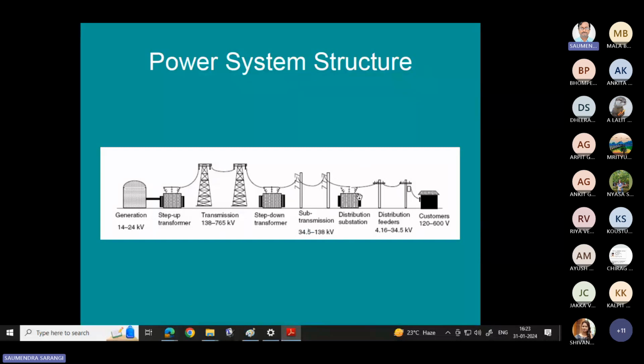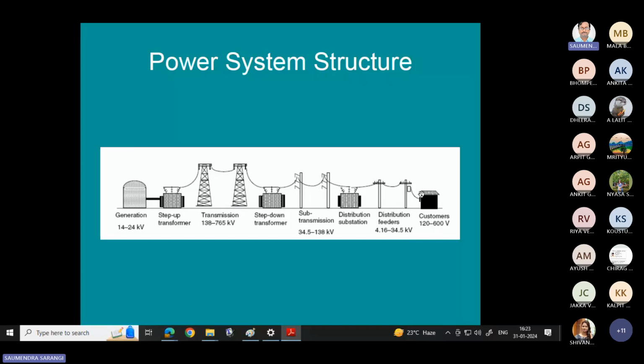This distribution transformer decreases the voltage from 11 kV to 0.4 kV. Then for household purposes we have 220 volt to 440 volt. So this is the structure of a power system.